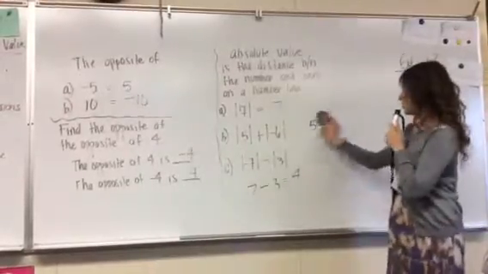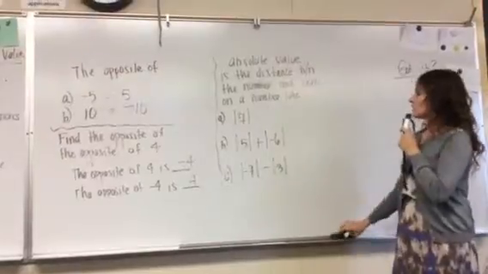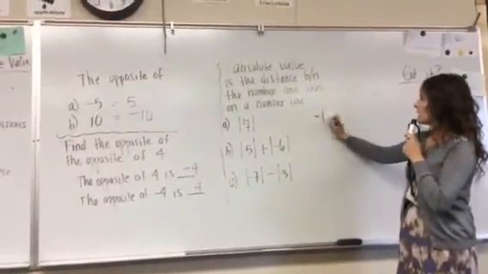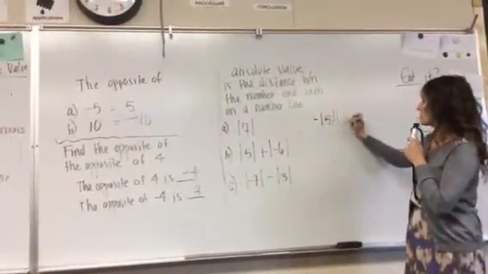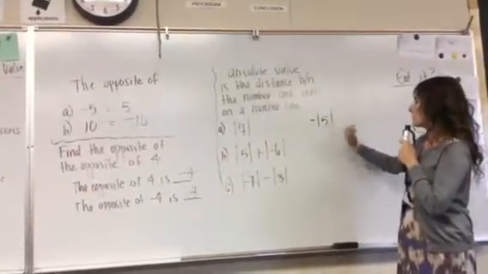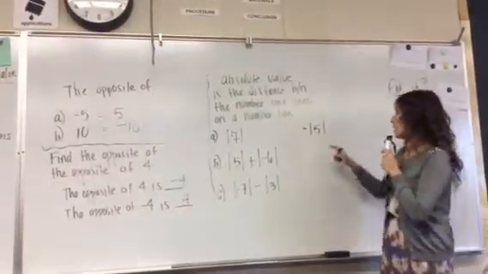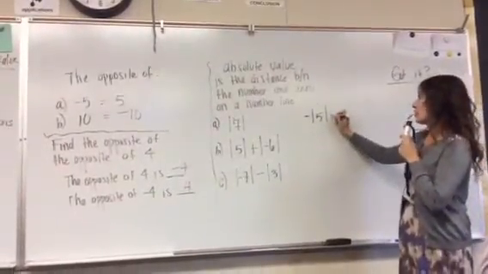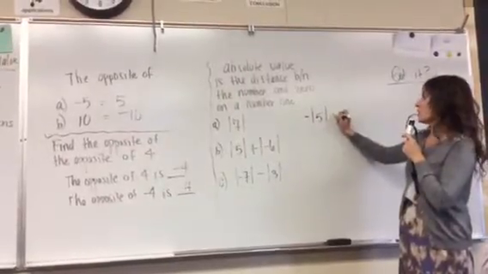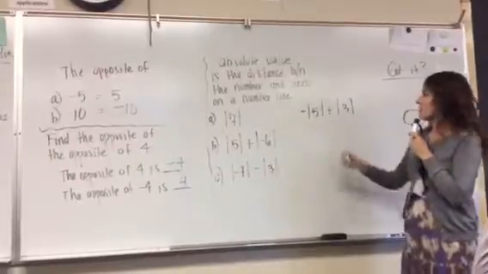Except when they try to trick you, and some people fall for the trick. When it looks like this, there's a little negative sign outside. I don't think you're going to get this in 6th grade, but you will get this in 7th grade, where you have negative numbers. I just want you to know that there is a situation where this will come up.